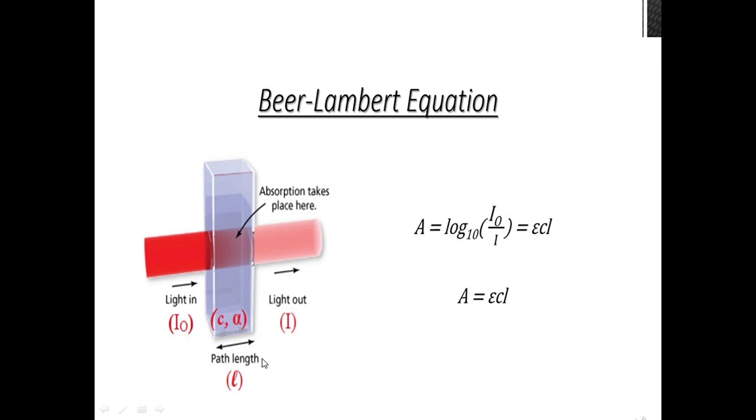So that is the Beer-Lambert law. Based on this principle, the colorimeter works.